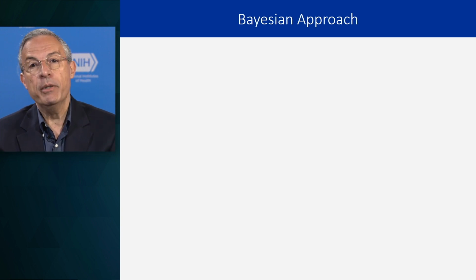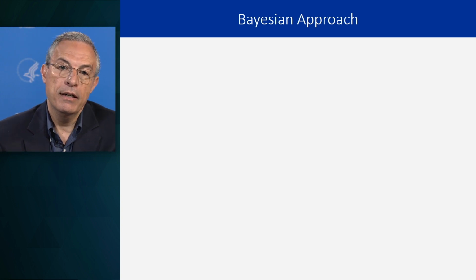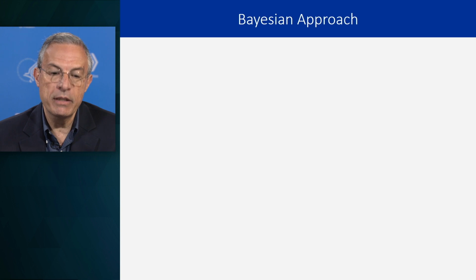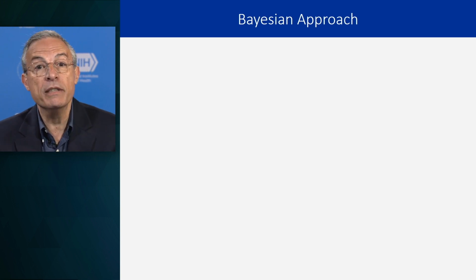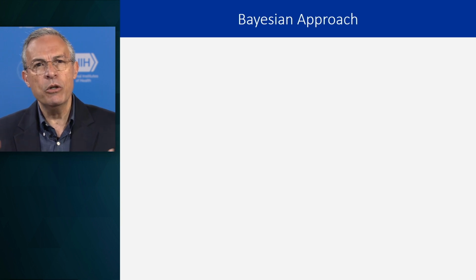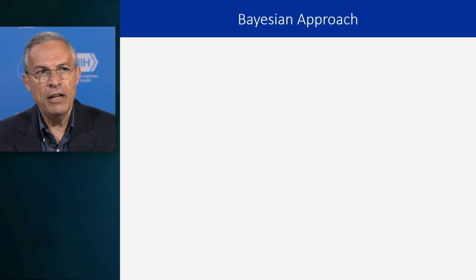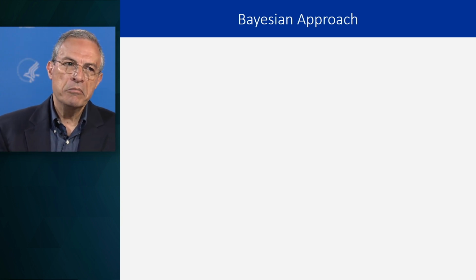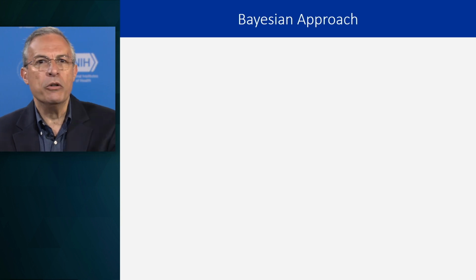Now let's talk about the Bayesian approach. The Bayesian approach is actually very intuitive. It's really how we think about things, how we go through life. How do we go through life? We basically know very little, and then we observe.